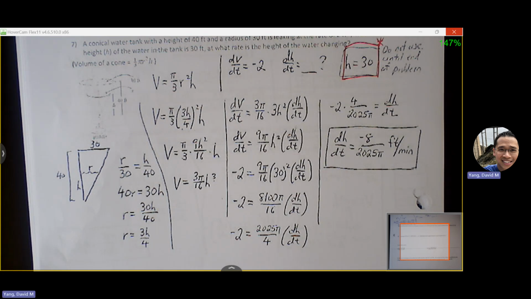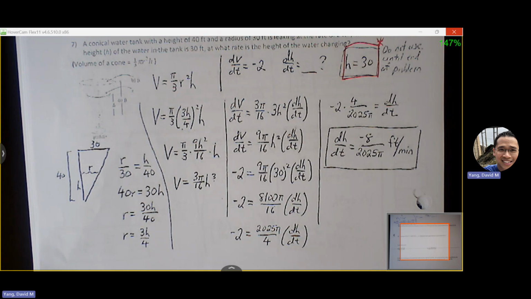Okay, V becomes dV/dt, the coefficient stays, H cubed becomes 3H squared dH/dt. And now we can start working the values. dV/dt is -2. You can clean up however way you want to, but eventually that 30 will go in for H. And I'm dividing by that fraction to get that over, which is the same thing as multiplying by the reciprocal.